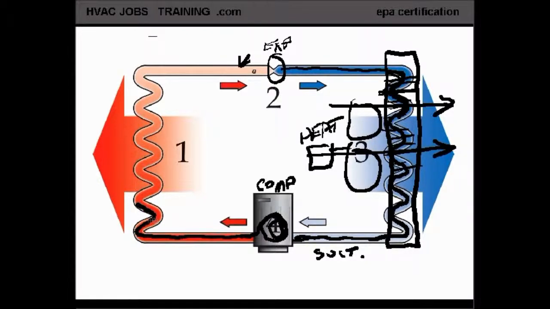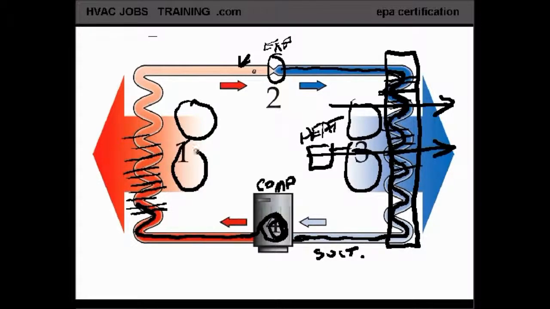And the way this condenser coil gets its name is it condenses this gas into a liquid. This condenser coil is constructed similar to the evaporator coil in that it has aluminum fins, and the air is blown across this coil with a blower or a fan and motor, and this air drives the heat out of this hot gas into the air, and this hot gas condenses into a liquid.